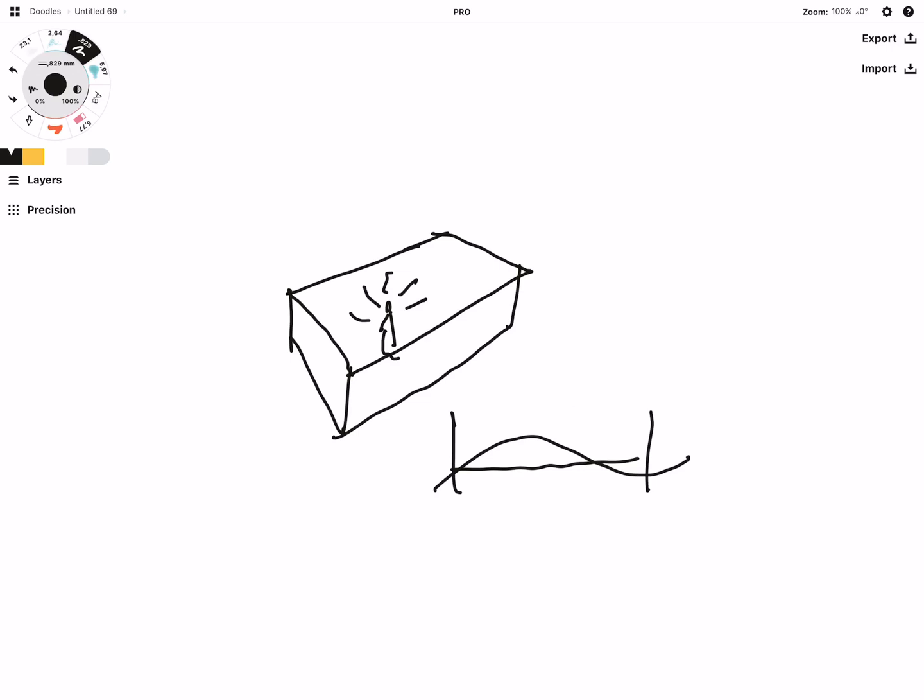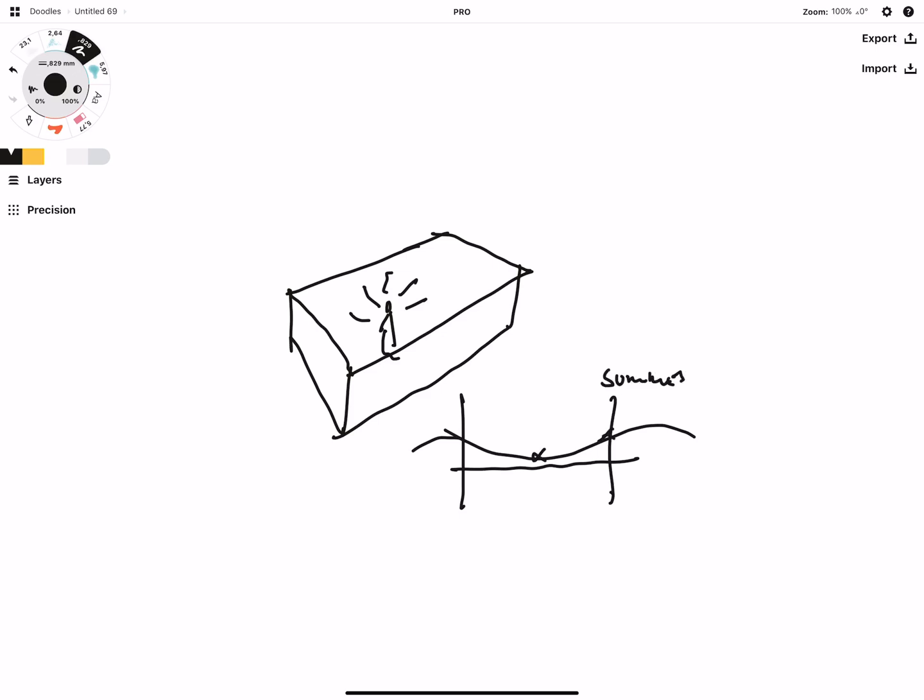Let's make it like this: if this was the temperature gauge, this would be summer and this would be winter. Because of the changing temperature across the year in months, the way that you experience the internal environment will change.